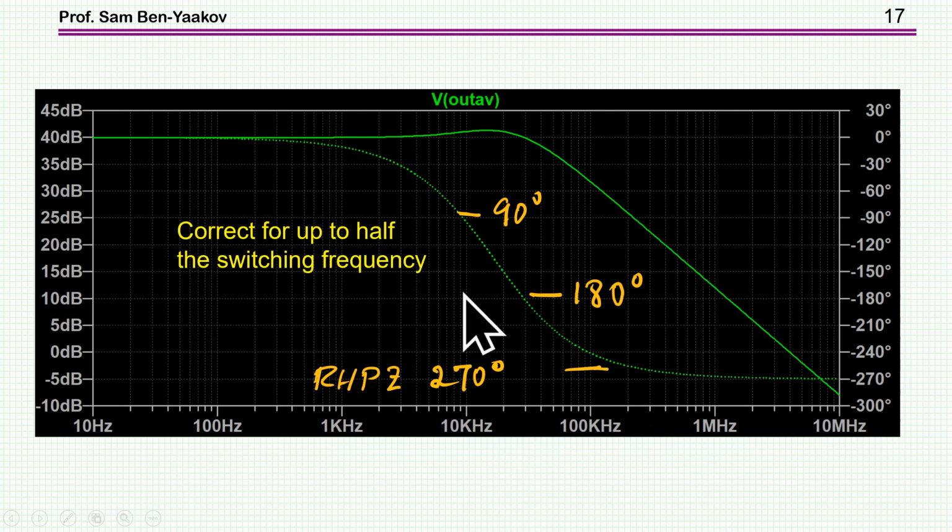Note, however, that this is transparent to the switching frequency, so strictly speaking, this is correct only for frequencies below half the switching frequency because of the Nyquist sampling theorem. Actually, it's less than half, so one has to be aware that at very high frequency, this is incorrect or irrelevant, I should say.